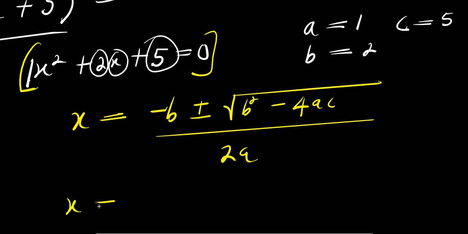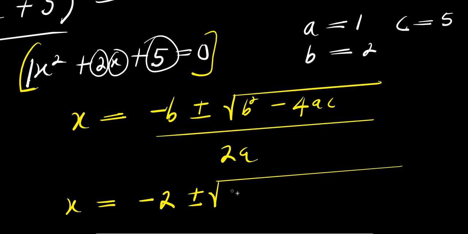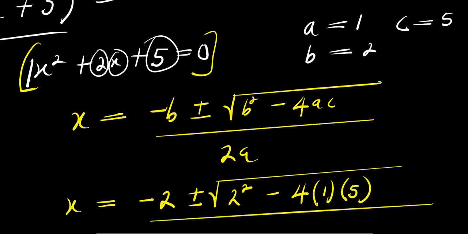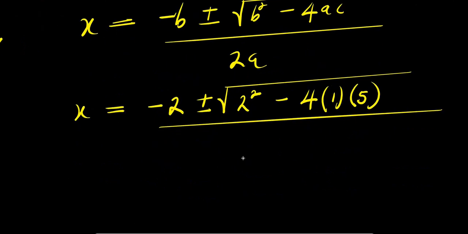So I'll have x equals negative b, negative 2, plus or minus square root of b squared, to power 2, minus 4 times a, 1, times c, 5, divided by 2 times a, 2 times 1.